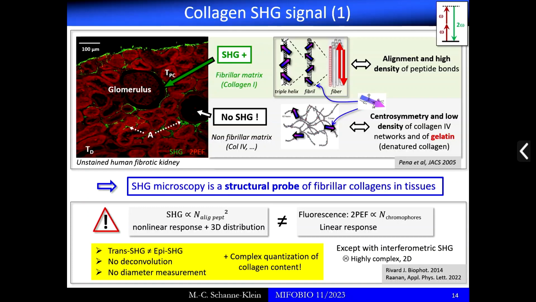That is, the second harmonic signal of the tissue is measured by interference with a reference second harmonic signal. So this is, of course, highly complex, only 2D measurements.